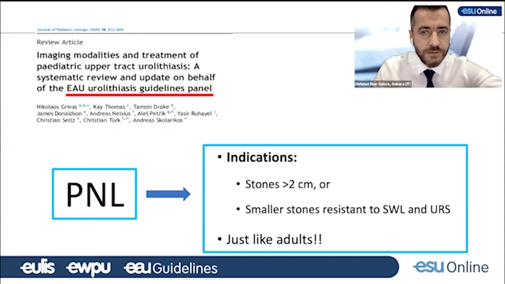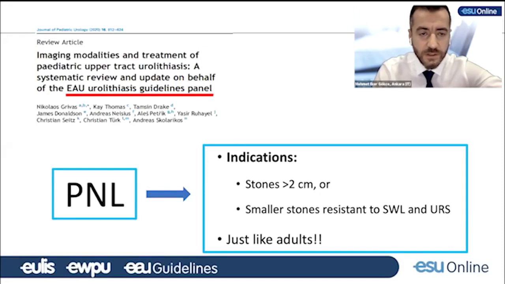If we take a look at the literature, first of all, this review article was published very recently, last year, by the EAU Urolithiasis Guidelines panel on pediatric upper tract lithiasis. Under the section of PNL, the indications were given as stones greater than 2 centimeters or smaller ones that are resistant to shockwave or ureteroscopy.